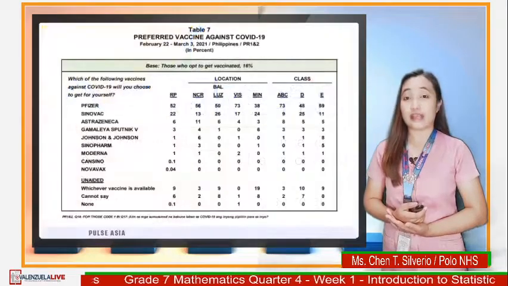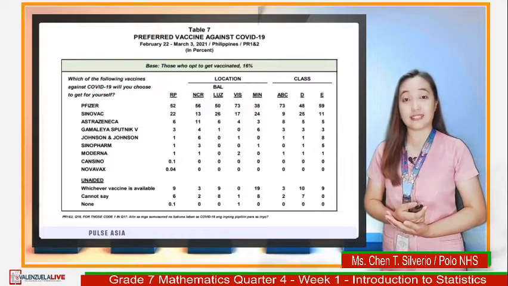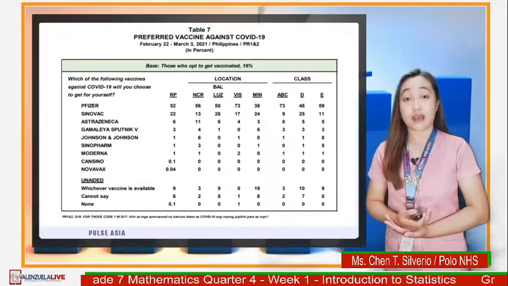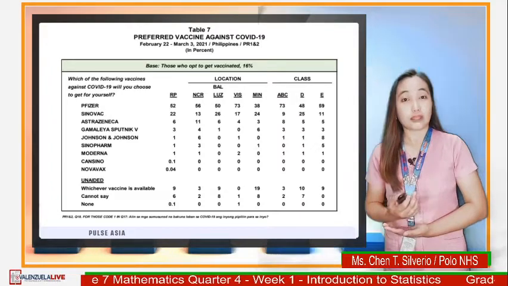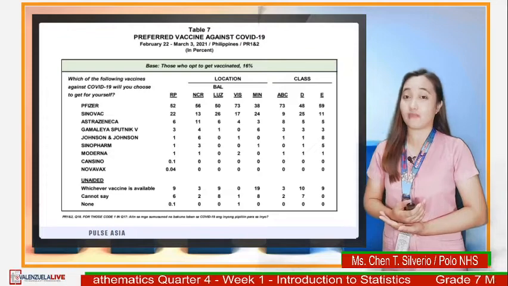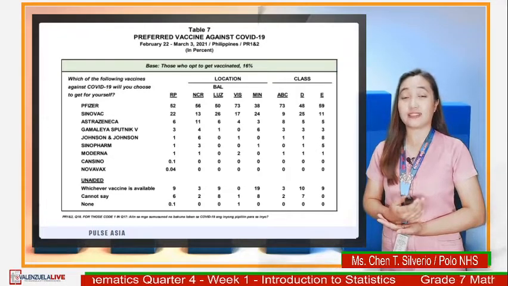The Pulse Asia report said that among Filipinos adults inclined to get a COVID-19 vaccine, 52% choose the vaccine developed by Pfizer. Only 22% of the respondents favored the vaccine developed by Chinese drug maker Sinovac.